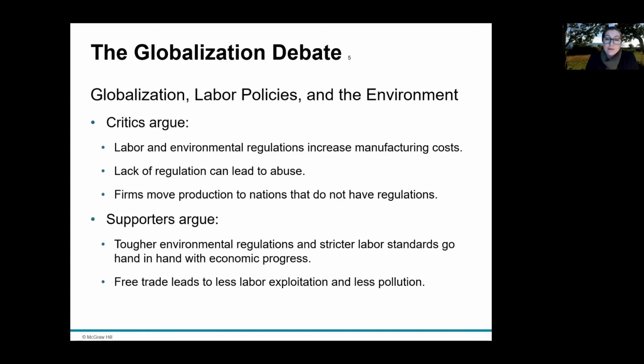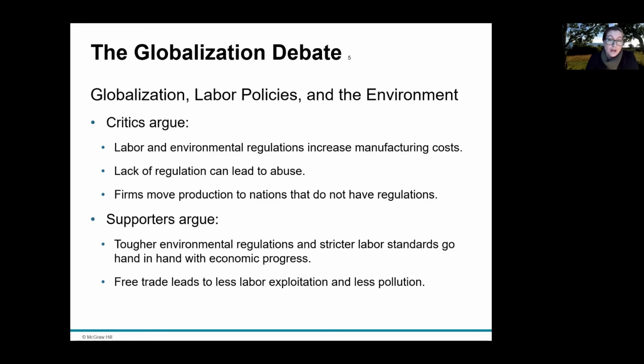In terms of labour policies and the environment, critics of globalisation argue that environmental regulations increase manufacturing costs, and the lack of regulation can actually lead to abuse. So critics of globalisation are recognising that organisations will deliberately move production to nations that do not have regulations.